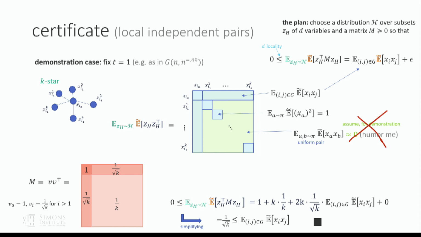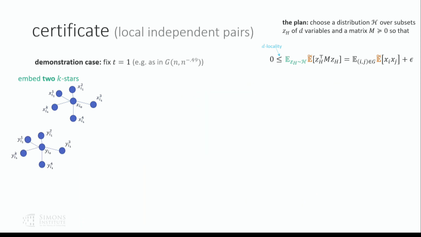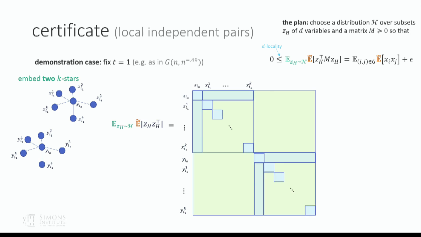If you don't want to assume that the value here is 0, we take a slightly more complicated embedding. Instead of looking at one star, we look at pairs of stars independently being embedded at the same time. Similar things will happen if you look at the expectation over the subset now corresponding to 2 stars.